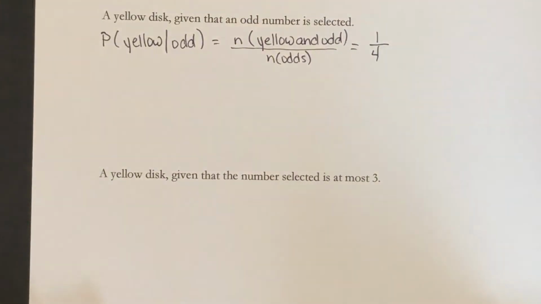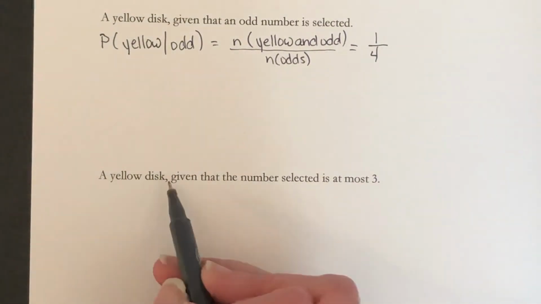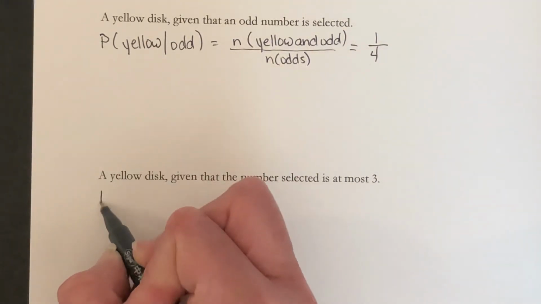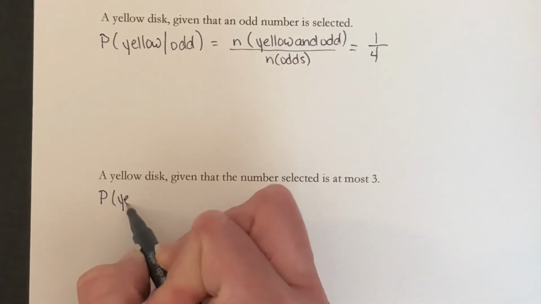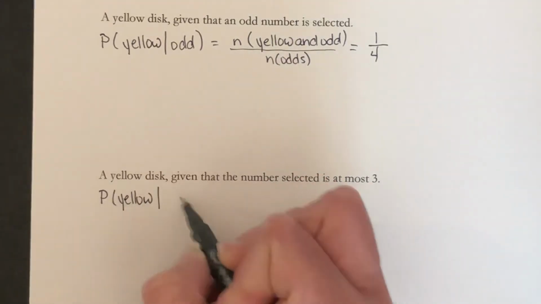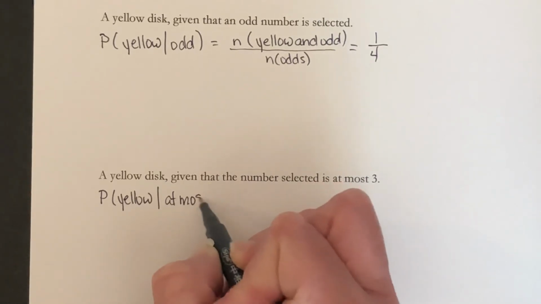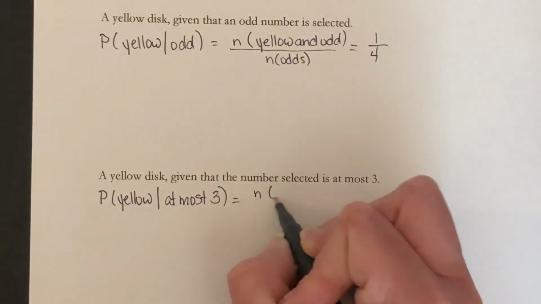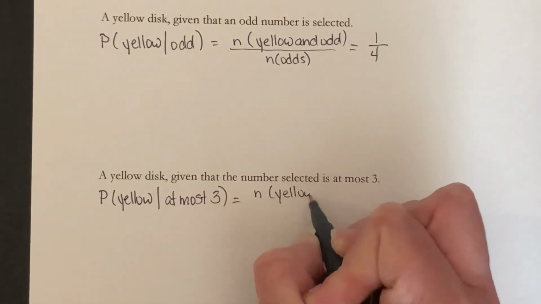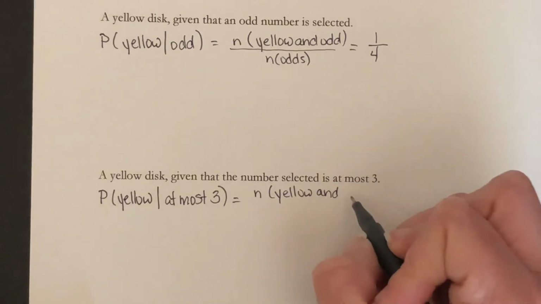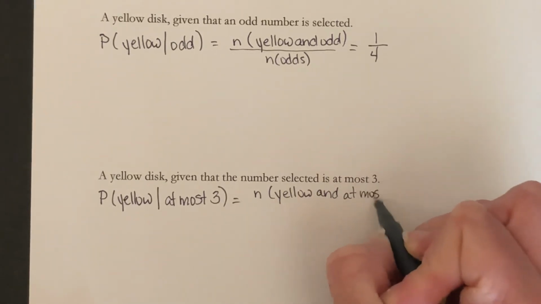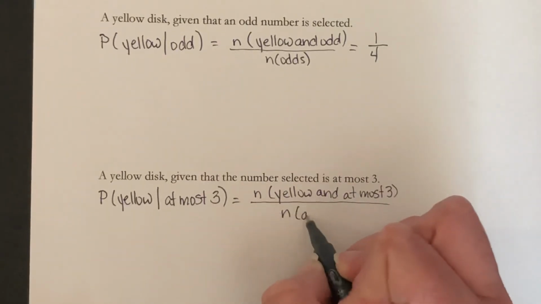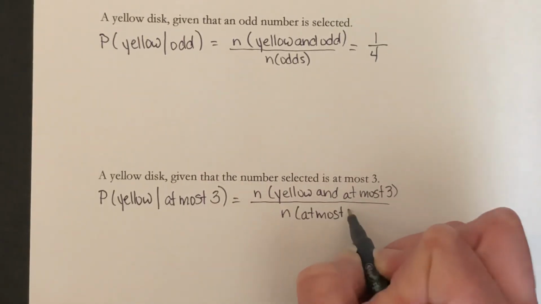All right. Probability of a yellow disc given that the number selected is at most 3. This would be the number of ways that we can have a yellow and at most 3, over the number of ways that we can be at most 3.